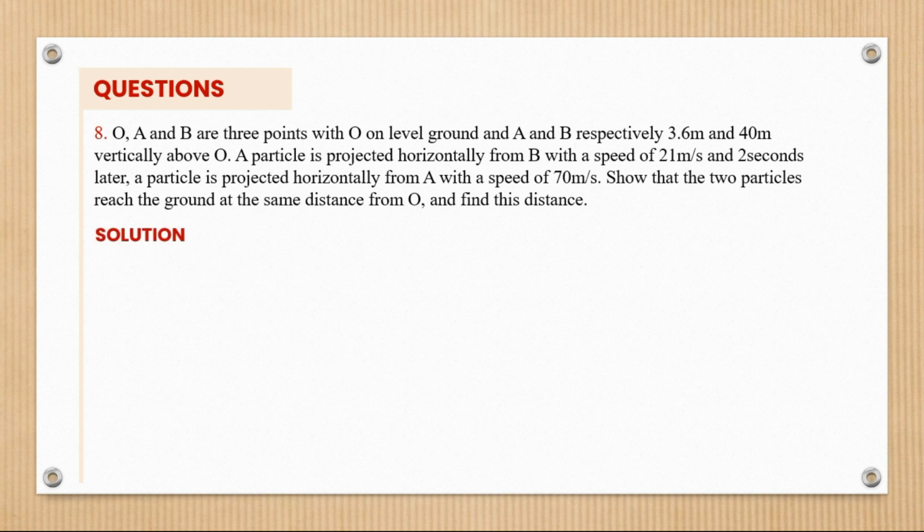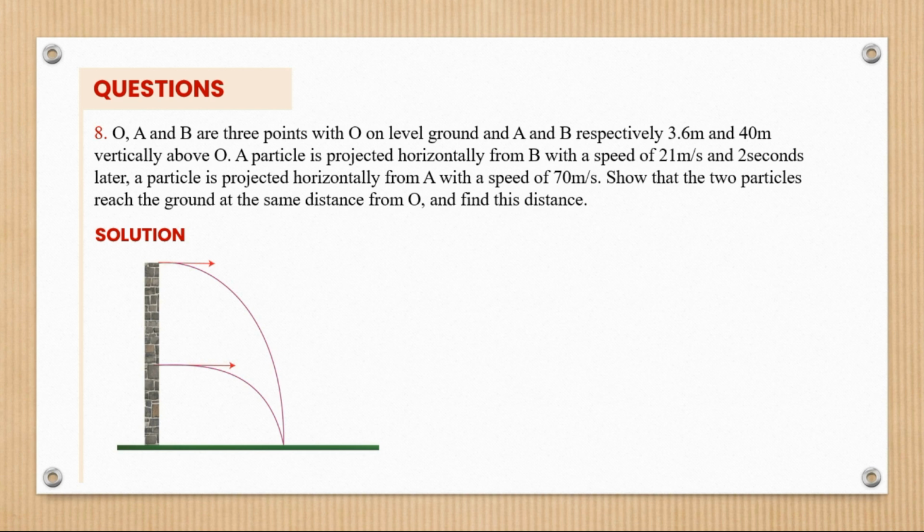So now we're going to first have to sketch this. We're being told that we have points O, A and B. The best way of illustrating them is like having them coming from the same tower, where A is 3.6 meters above and B is 40 meters above that tower.